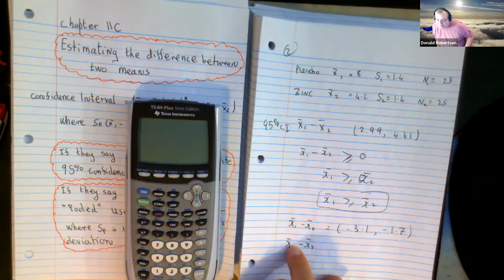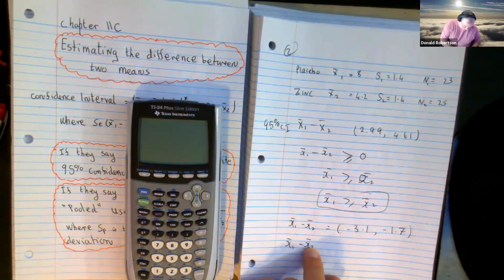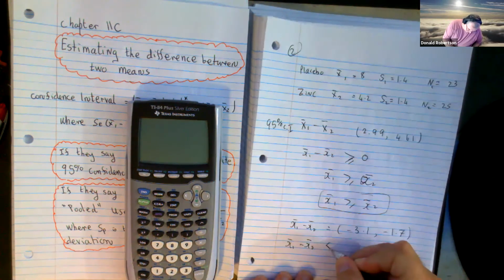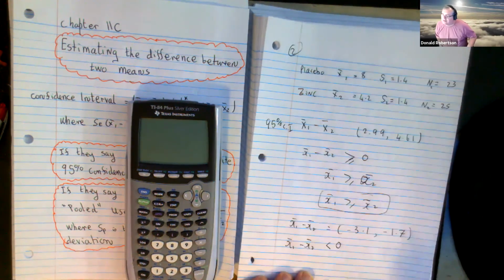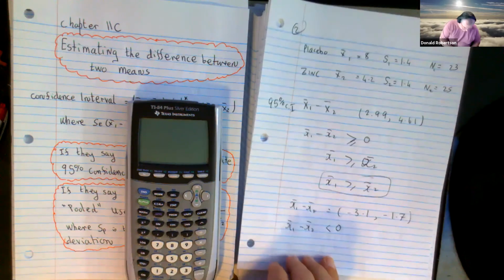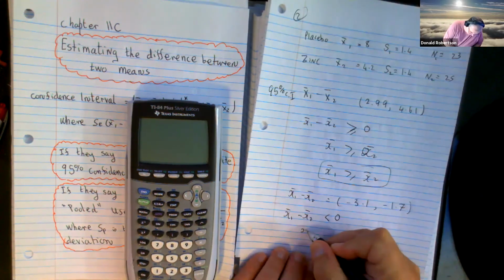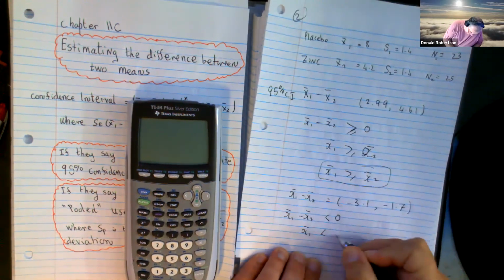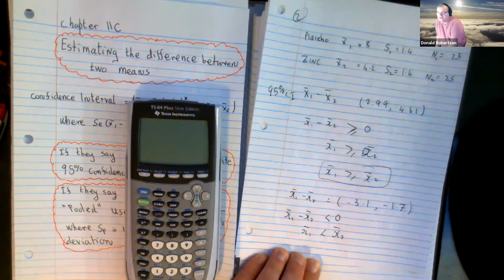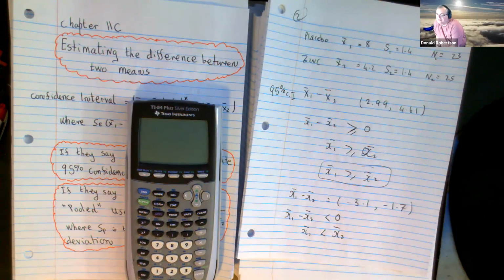What do you know about the difference between them then? Less than 0. And if the difference is less than 0, doesn't that mean the first guy is less than the second guy? That makes sense.